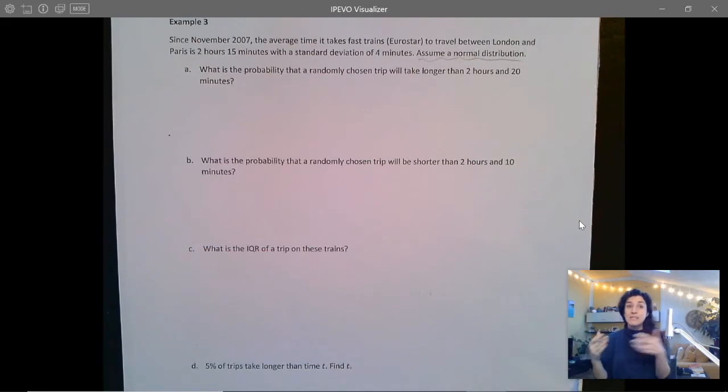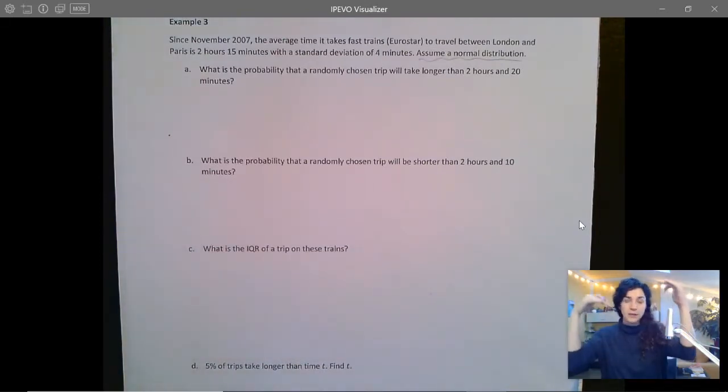Sometimes you might be given probability problems where you start out just calculating probability like you normally would without knowing anything about normal distribution, like we learned in our other probability unit. You go into a problem and you're like, oh, it's this type of probability, boom, boom, boom. And then at some point they're like, hey, by the way, this is normally distributed. Now find this.